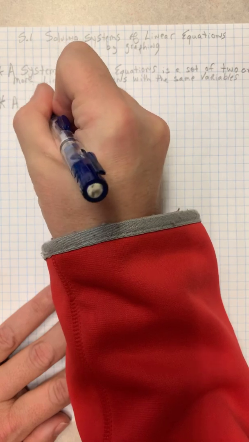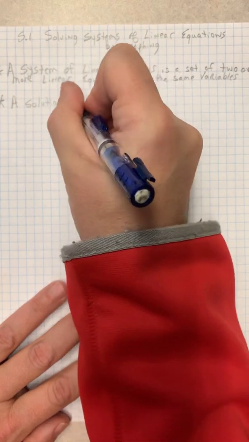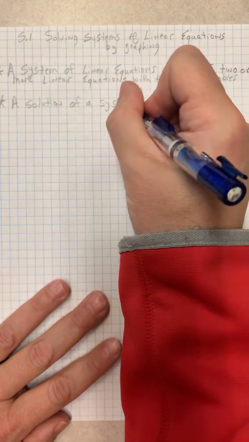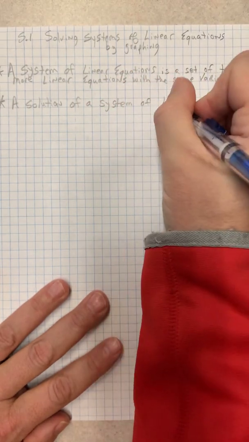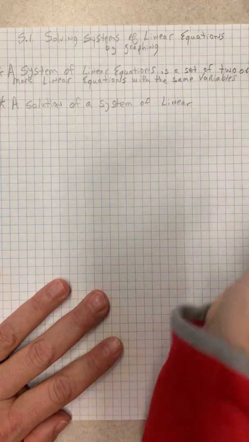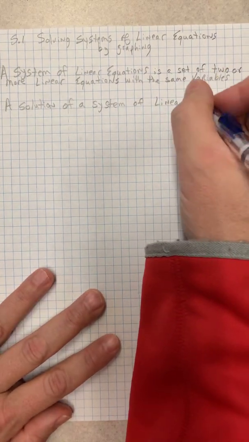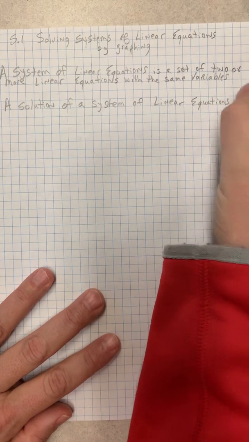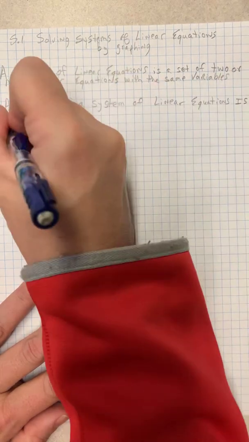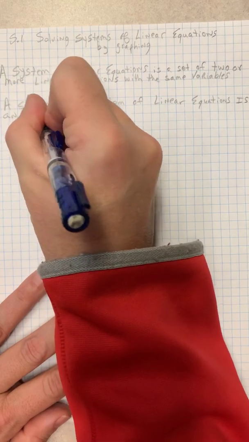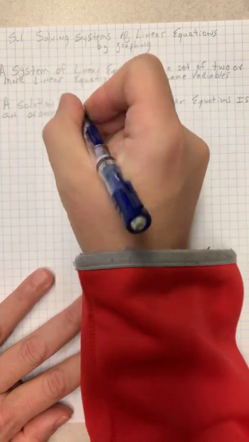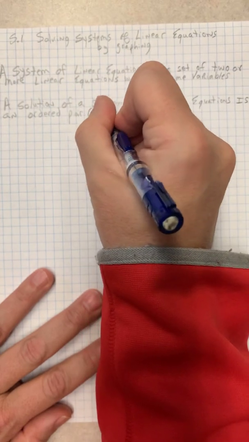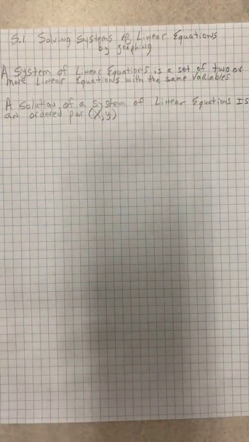A solution of a system of linear equations is an ordered pair. It's an ordered pair. You are going to have an x and you are going to have a y.